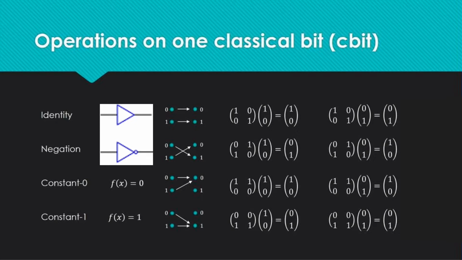So the identity matrix will turn a 0 into a 0 or a 1 into a 1. And the negation matrix 0, 1, 1, 0 will turn a 0 into a 1 and a 1 into a 0. And you can see how constant 0 and constant 1 also have matrices that operate their functions onto c-bits.